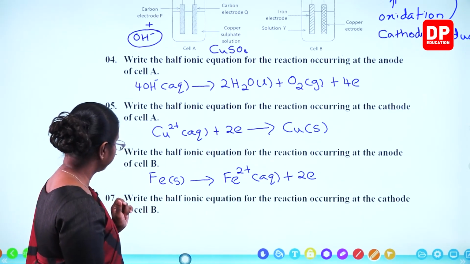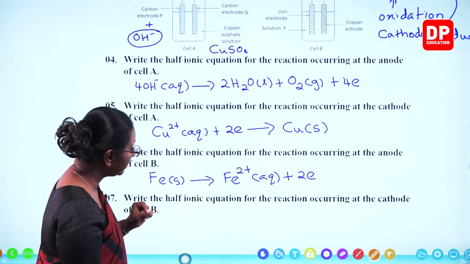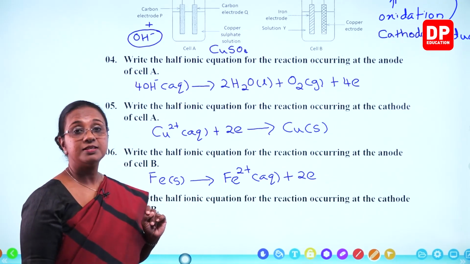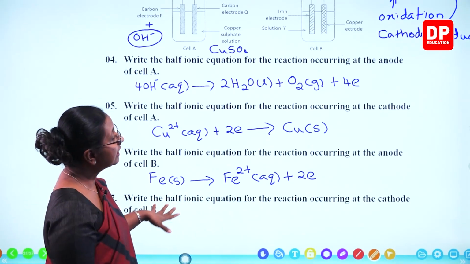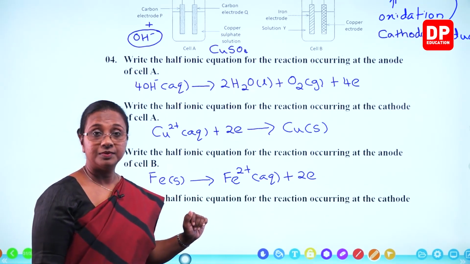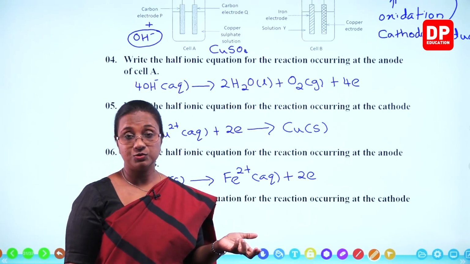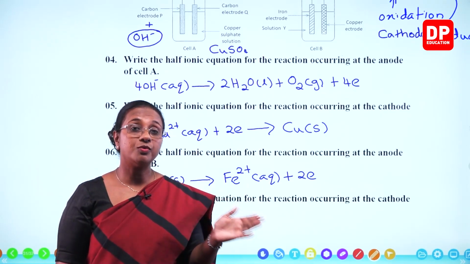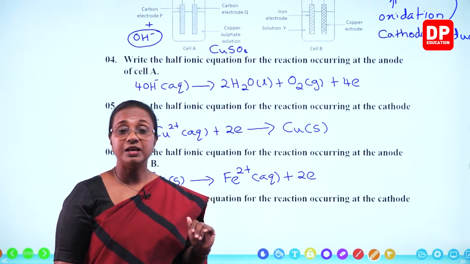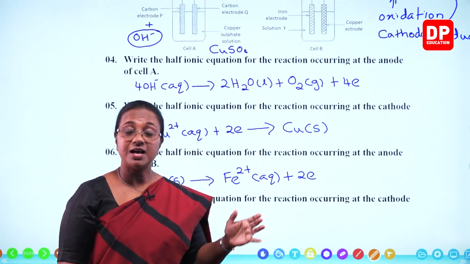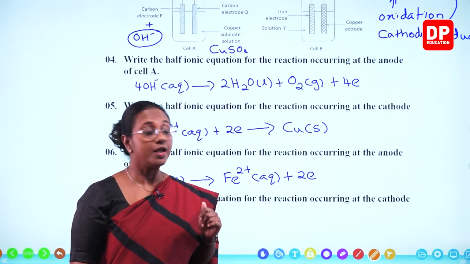Then the seventh one. Write the half ionic equation for the reaction occurring at the cathode of cell B. At the cathode, what will happen? There is going to be H+ ions in the solution, because H2SO4 will dissociate to give H+ and SO4 2- ions. These H+ ions will take up electrons from copper.